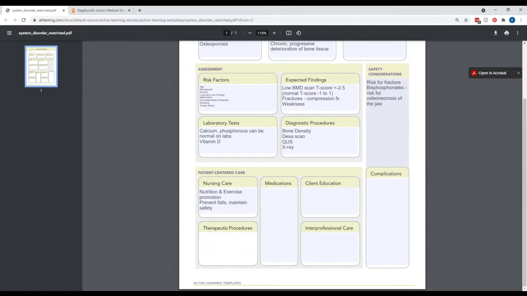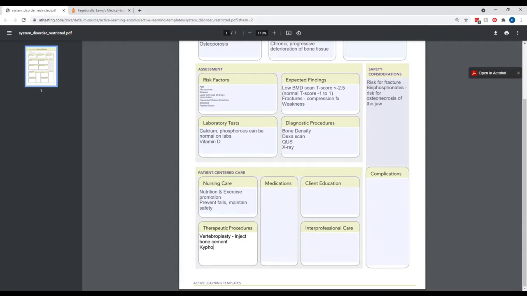Okay, so for procedures, we do have two procedures that we can do. There is vertebroplasty, and that is where they inject bone cement in between the vertebral bodies. They inject the bone cement, which helps prop them up and support the spine and decrease the patient's pain.